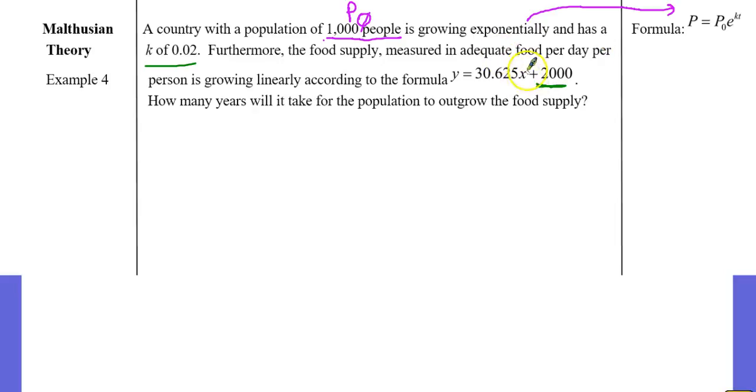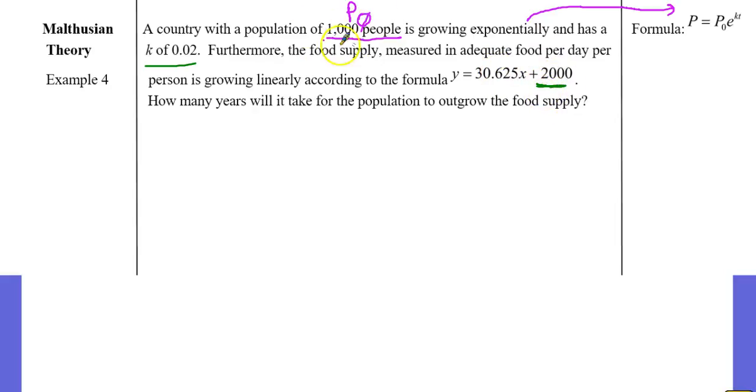And then x represents what year we're in, and the slope here is representing how many extra people per year can I feed. So in year 0, I can feed 2,000 people. In year 1, I can feed 2,000 plus 30, 2,030 people. In year 2, 2,061 people. You get it? Okay. So this is our food supply.